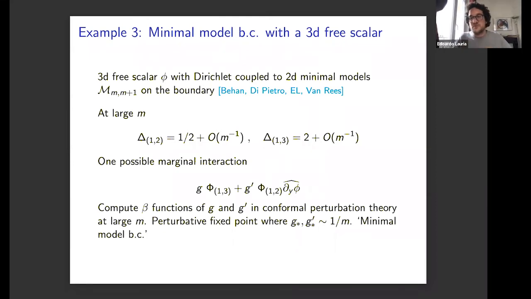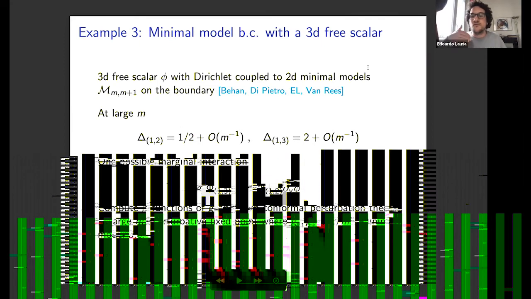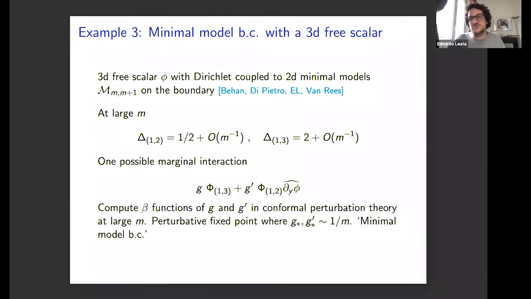Okay, and this is another final example. Now you may say, haha, but the free scalar field is so trivial, how do you ever expect to find something interesting? But in fact, things are completely different if you consider the conformal boundary conditions for a 3D free scalar field with a two-dimensional boundary.